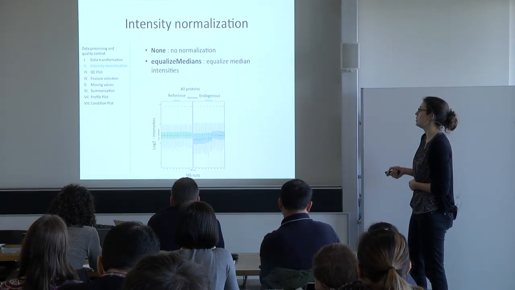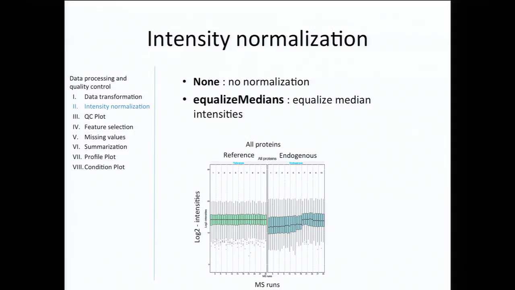When you do an equalization of the medians for normalization, the reference peptide intensity distributions are corrected so that you get an equal median intensity value across all the MS runs, and the endogenous intensities are shifted according to their labeled reference.